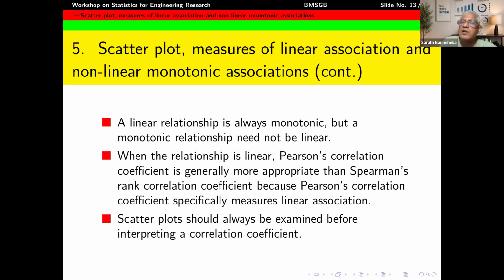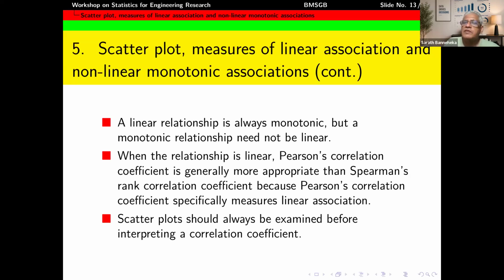Now, one might ask, isn't a linear relationship also monotonic? And can't we use Spearman's correlation coefficient in that situation? Of course, you can. Every linear relationship is a monotonic relationship, but not every monotonic relationship is a linear relationship. You saw that using the examples. So when there is evidence of a linear relationship, the better measure is Pearson's correlation coefficient.